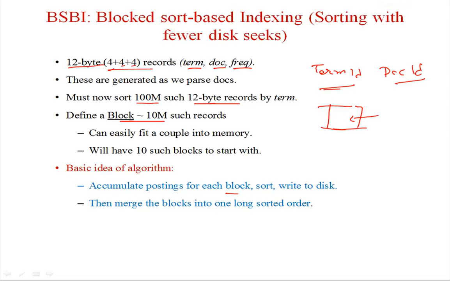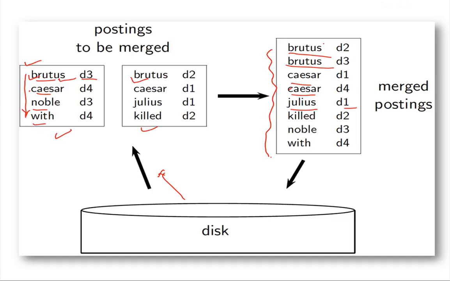Now we define this as a block. We picked this example from the book that I referred to, and we think it can easily fit into memory. Suppose we have 10 such blocks to start, then the process is very similar. We will pick one block, sort its entries according to term, take another block and then merge, and then put into a final index.